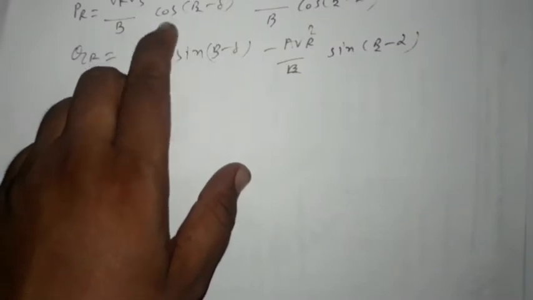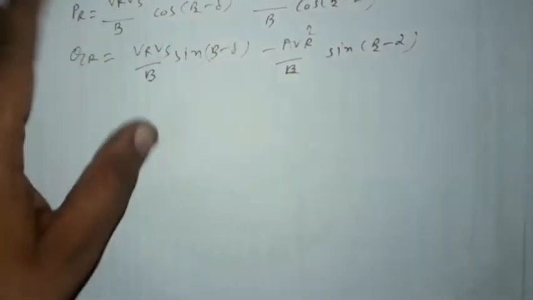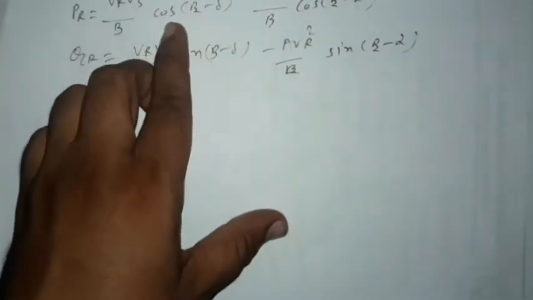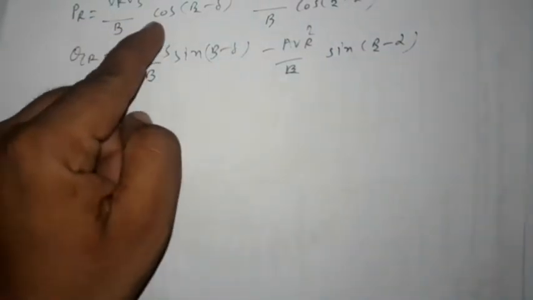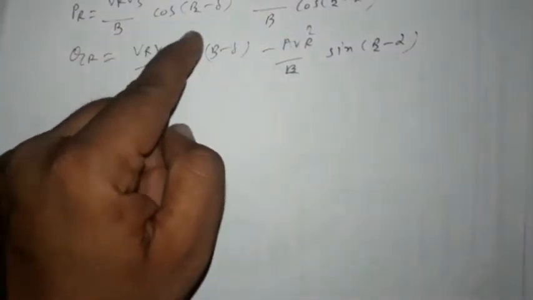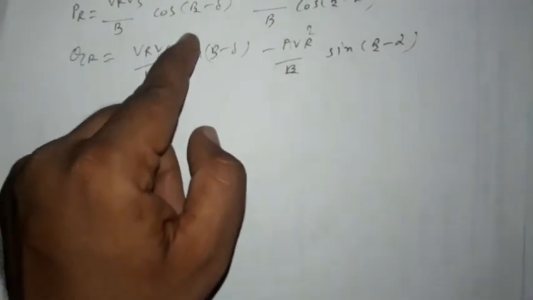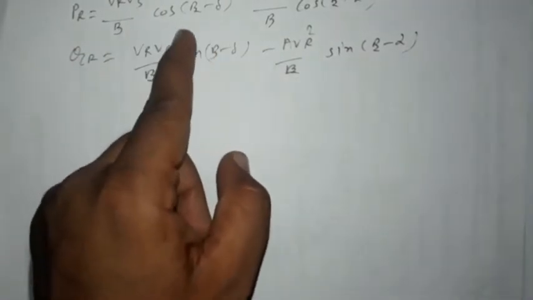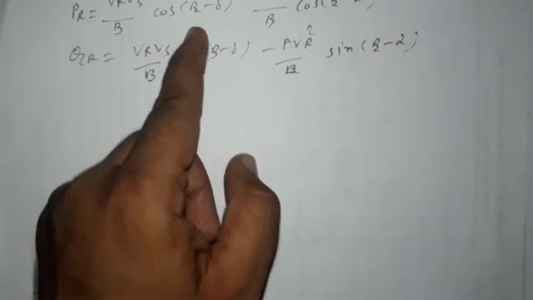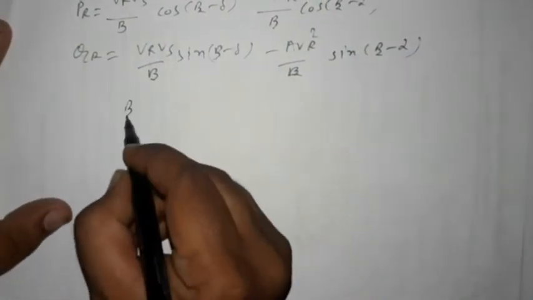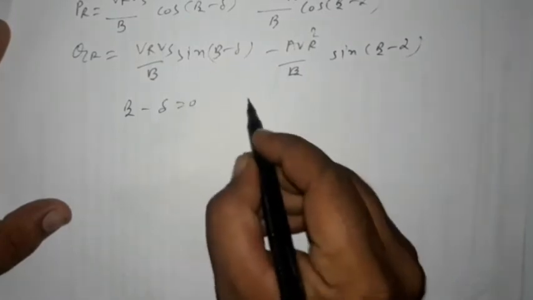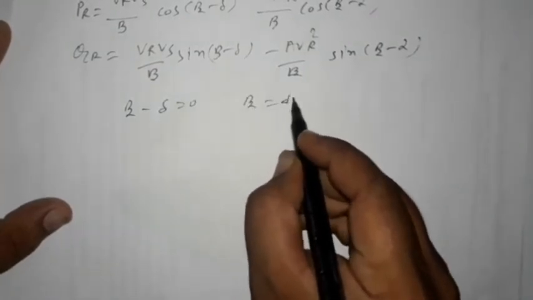If the value of the cos angle is 0, so cos 0 is equal to 1, we get the maximum value of active power. So to find out the maximum power, we have to put the angle as 0 for cos. So if we put the value of 0 here, beta minus delta is equal to 0, so beta is equal to delta.